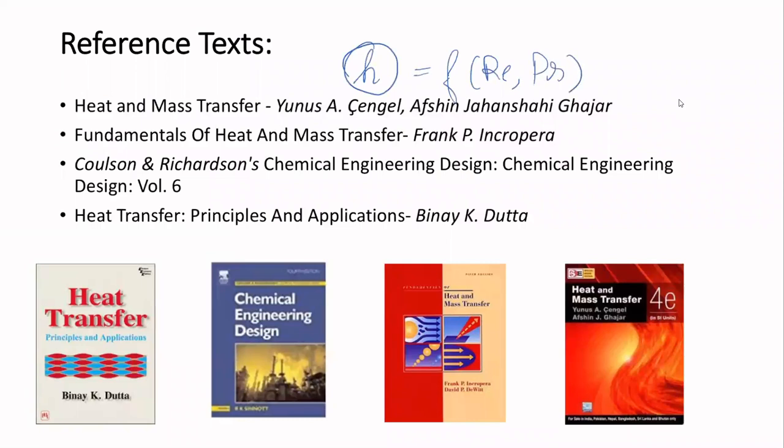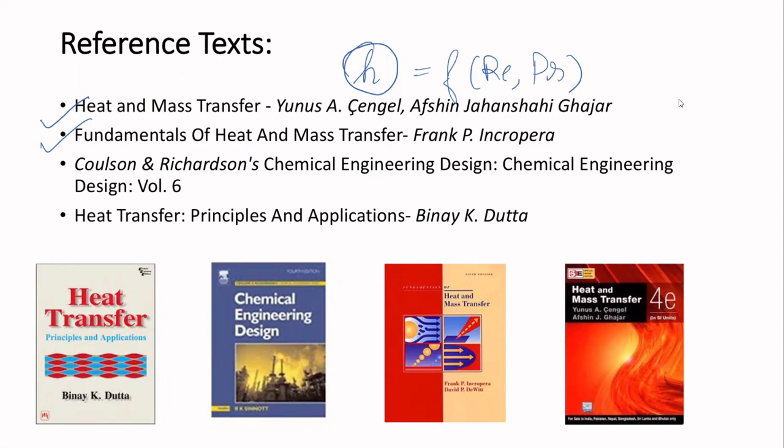All those discussions can be taken from these two books, Heat and Mass Transfer by Yunus Cengel and Fundamentals of Heat and Mass Transfer by Incropera. They have very nice discussions and problems on this particular topic, and I have not taken the problems of those topics in our class, but I expect you can solve those problems, and those problems are also asked in GATE exams.